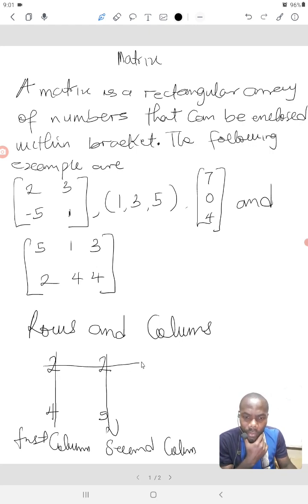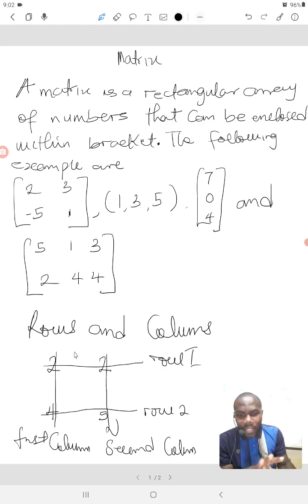So this is row 1. This is row 2. So these terms, these rows and columns, are the things that are really common in matrix. Row 1, row 2, column 1, column 2 are common terms in matrix.